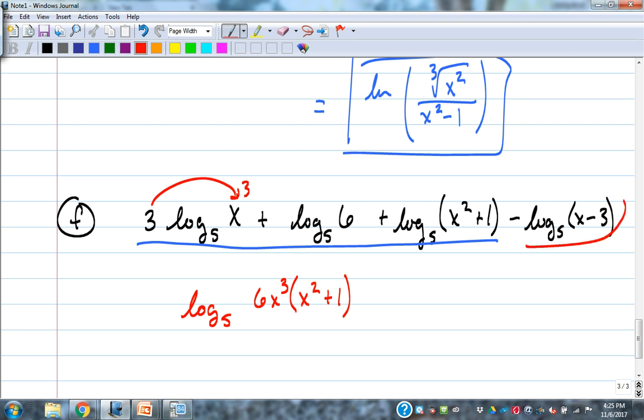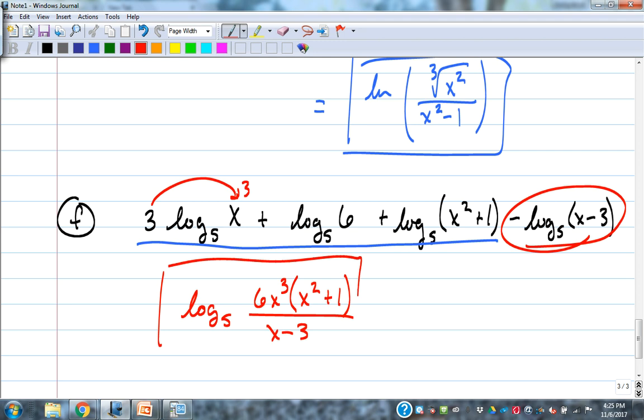What does this part do? You divide by that. And there you have a condensed logarithm: 6x to the third, and then x squared plus 1, and then an x minus 3 in the denominator. Nothing else really to do there.